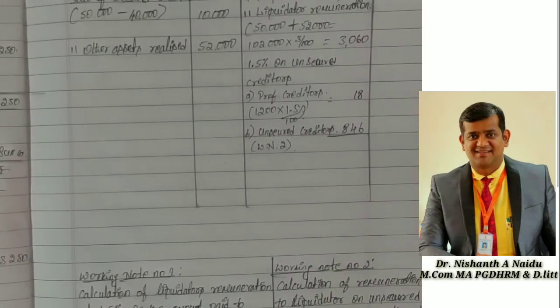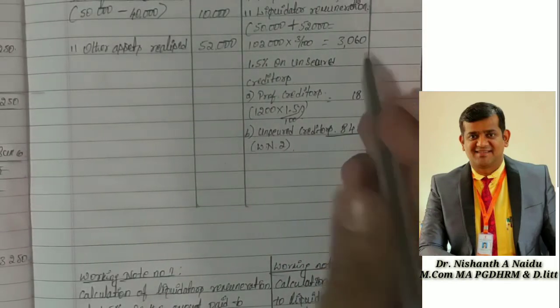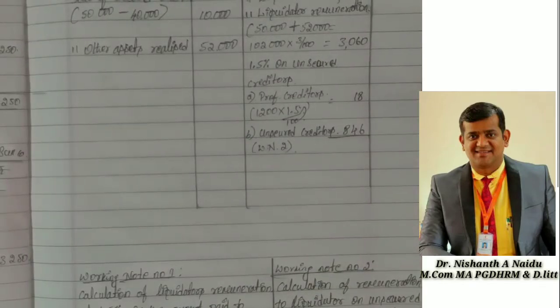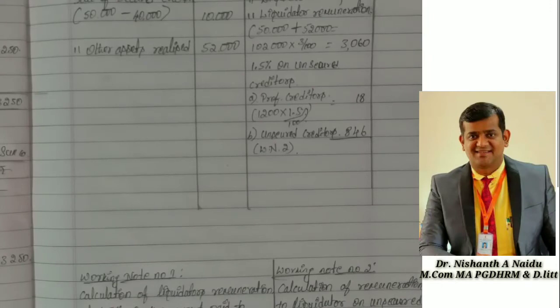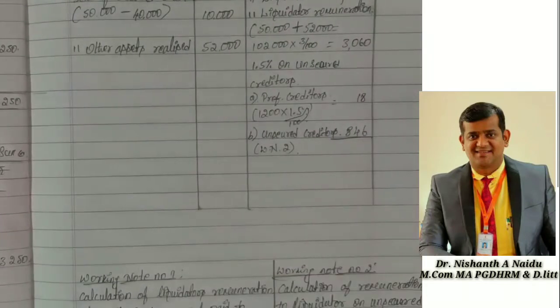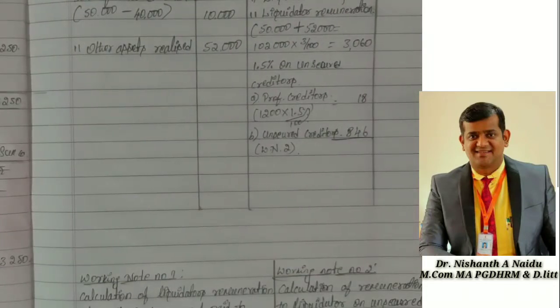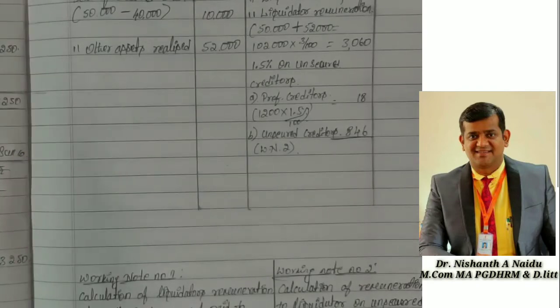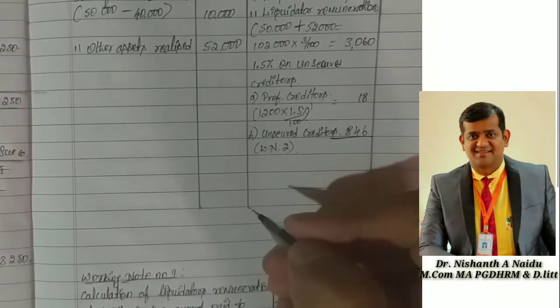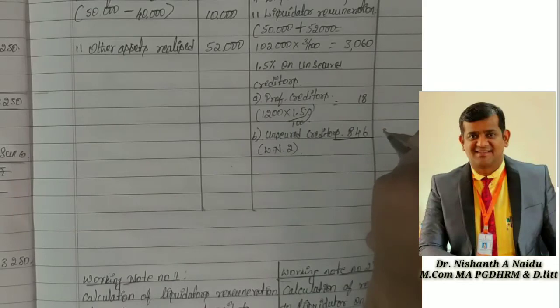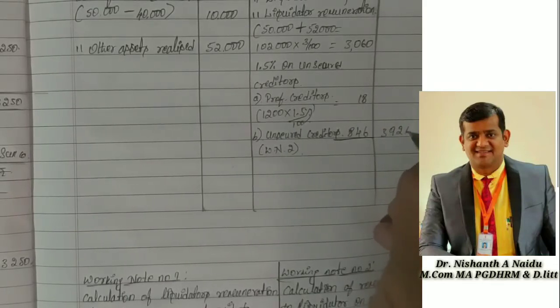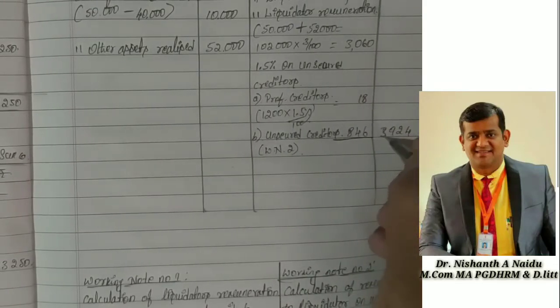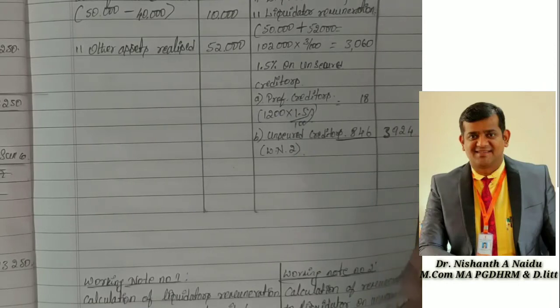So now total all the three. So that is 3060 rupees plus 18 rupees plus 846. So liquidator's remuneration is 3924 rupees.